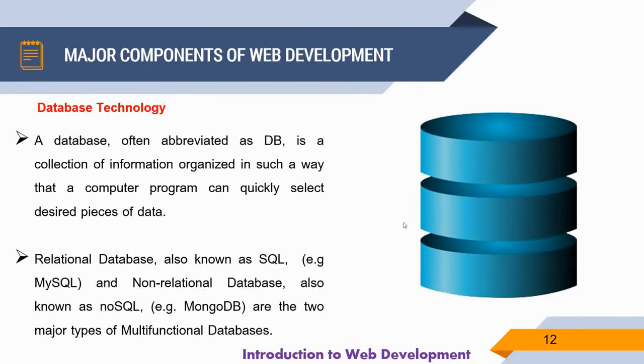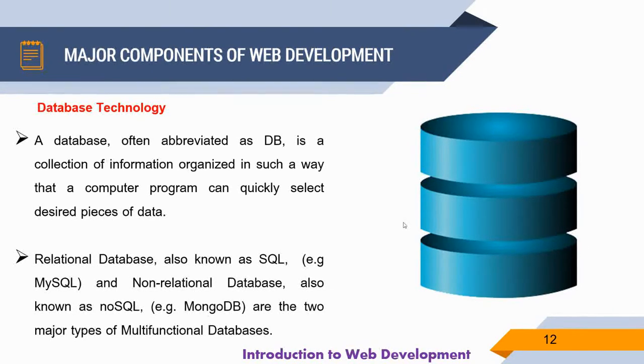So now, the database technology, which is also referred to as DB, is a collection of information organized in such a way that a computer program can quickly select desired pieces of data. Database is where the data is being stored. And then we have two major types of databases. We have SQL, that's the relational database, and NoSQL, which is the non-relational database.